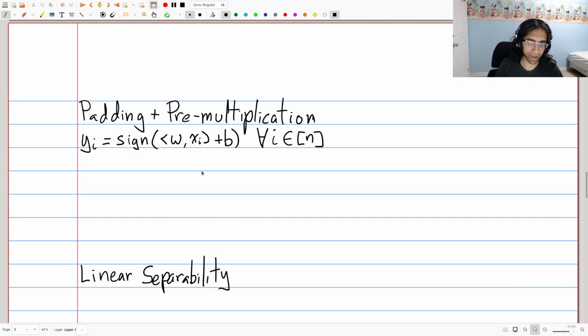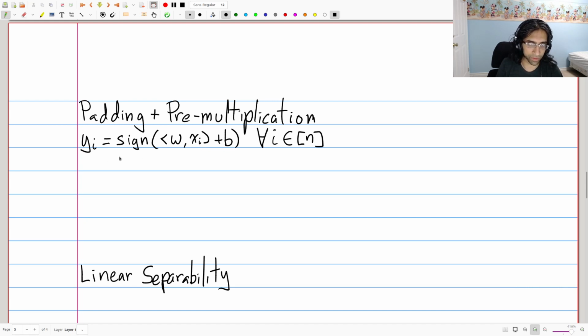But let's try to write this a little bit differently. There's one trick that's very common, known as padding. It's kind of ugly to have the inner product of these two things and then add something else on.